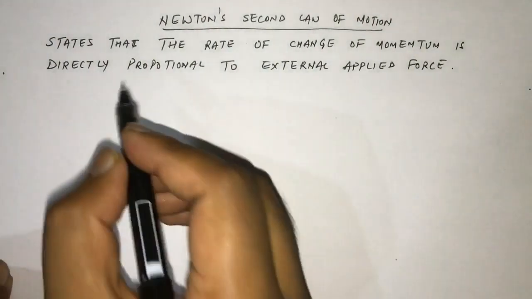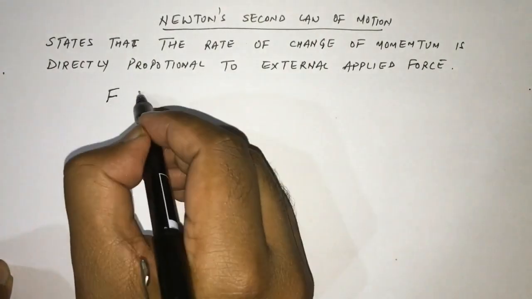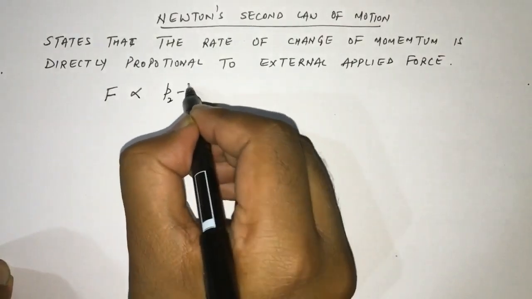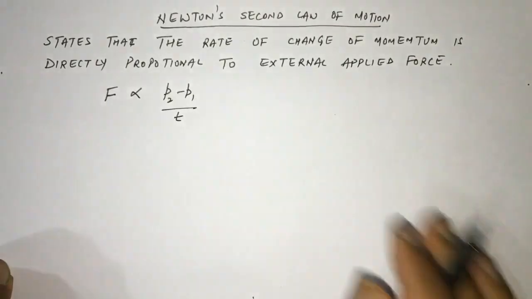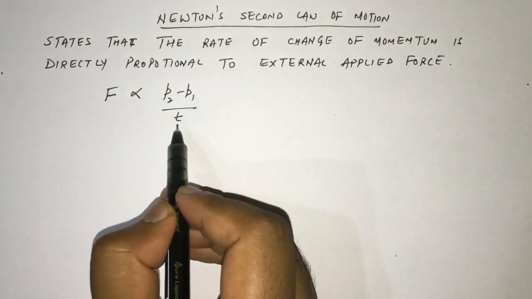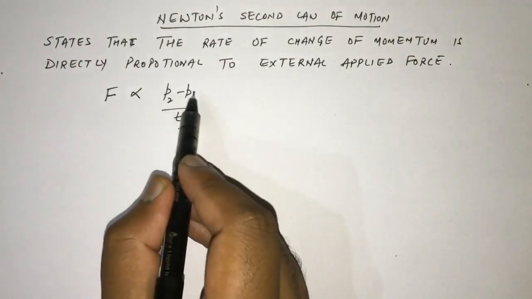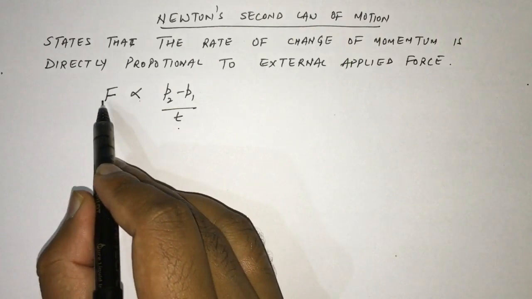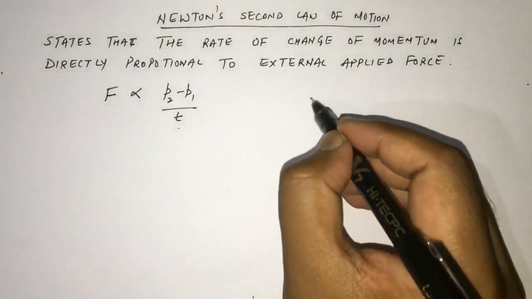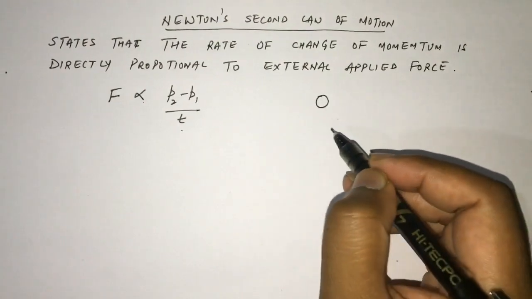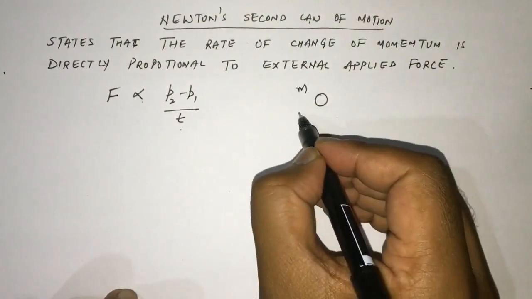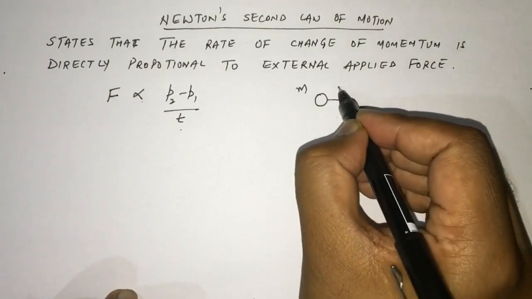Means force is directly proportional to the rate of change in momentum, means change in momentum per unit time. Rate of change of momentum is directly proportional to the force applied. Clear? Suppose you have a body whose mass is m. Initially, it is moving with velocity u.